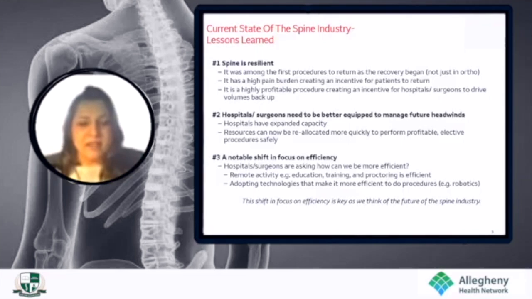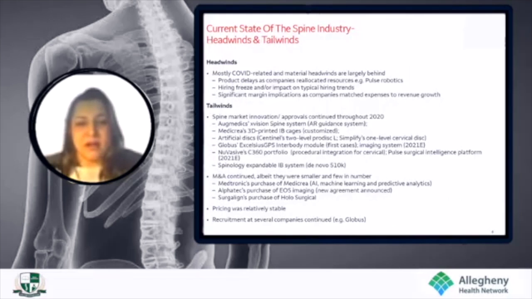But there is a second level to it, and hospitals, surgeons, and companies are really asking, what technologies can we adopt to make the procedure more efficient? Robotics could be one of them, but there are a number of ways to get there. So this shift in focus on efficiency, I would say, is the key as we think about the future of the spine market.